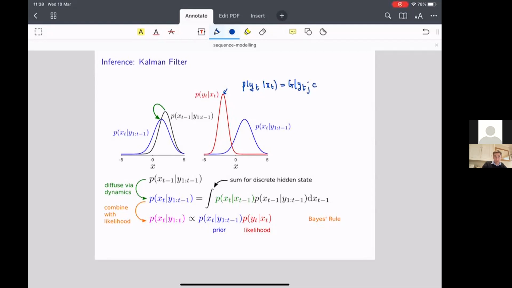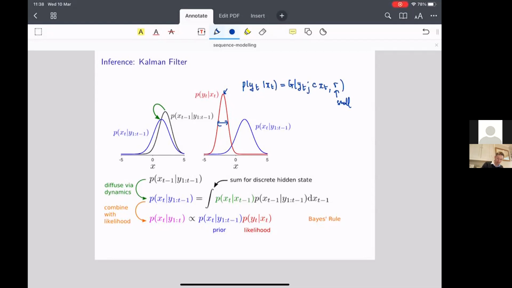This used to be a matrix, but in this case we're assuming x and y are scalar, in which case the matrix becomes a scalar C, which multiplies x of t, and then there's some noise which we called r. If we imagine this is rather small, the likelihood will be kind of narrow. So yt gives us lots of information about x of t.